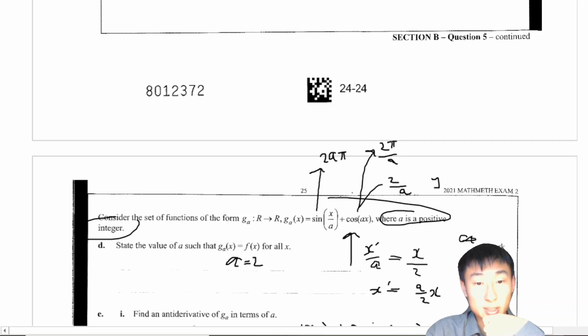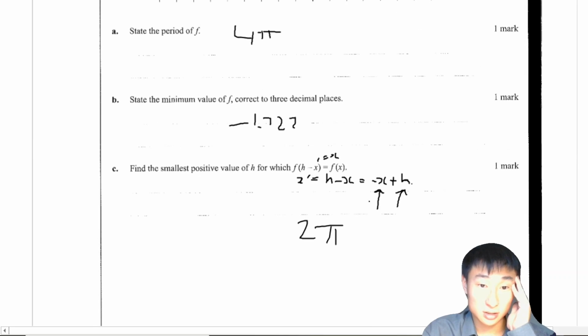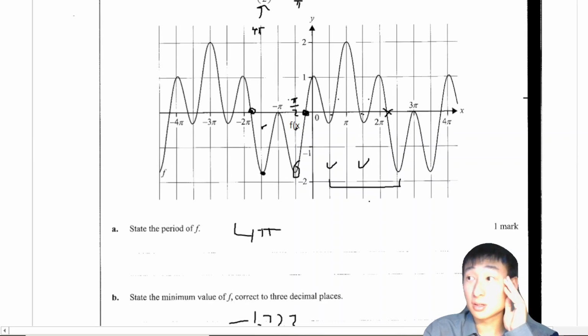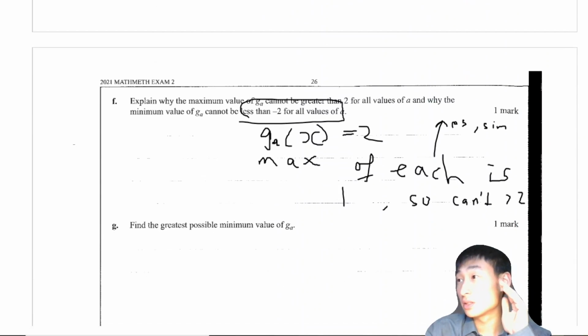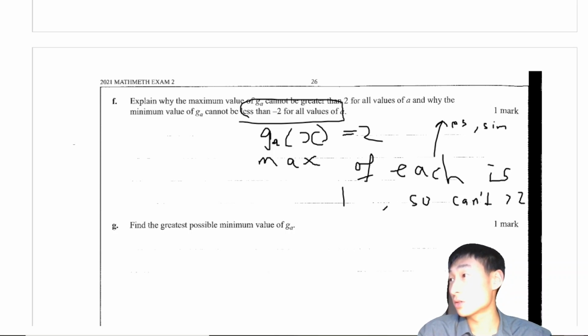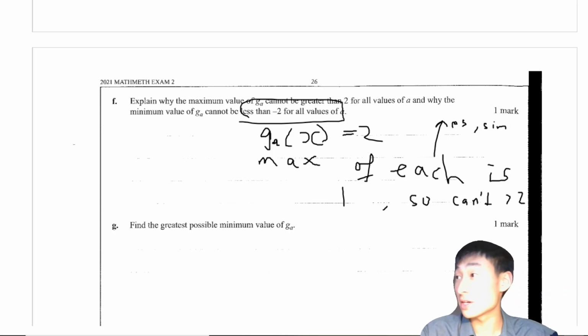But they're not actually dilations from the y-axis because they have a different dilation factor in each of them. I'm going to try graph this. It's worth giving it a go. GA of x.